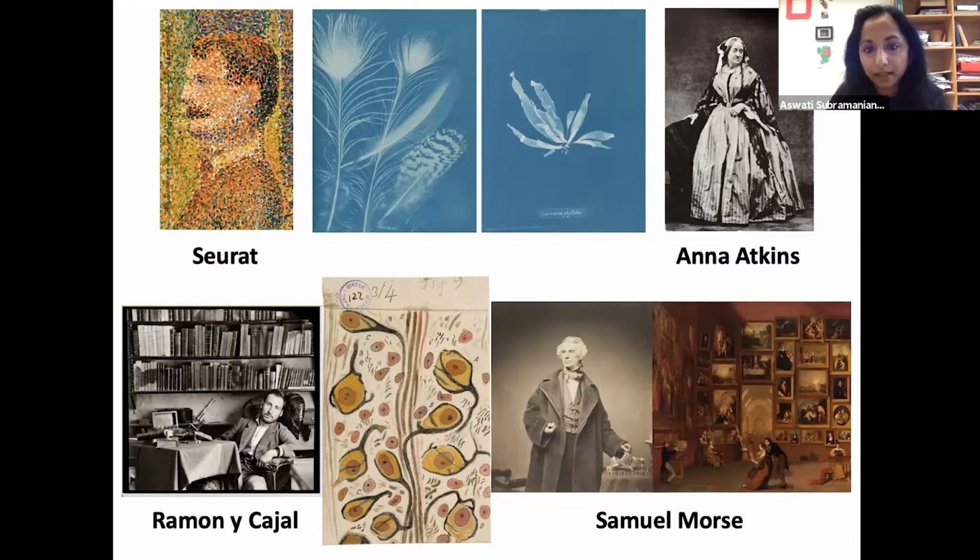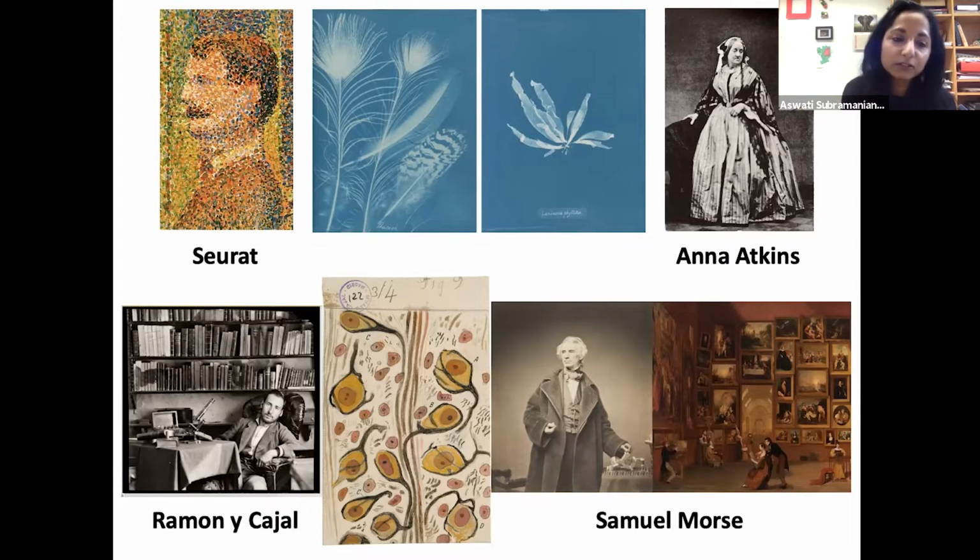And she was the first scientist to actually use photography. And so you can see these two blue paintings of hers that are actually images of nature, and she has been lauded for being the first scientist to use imaging as a way to communicate her science.